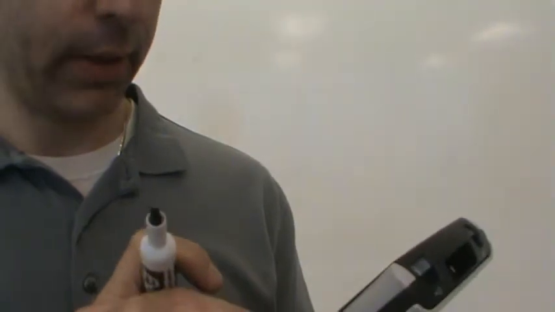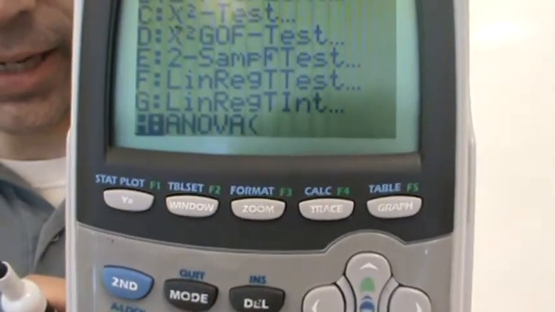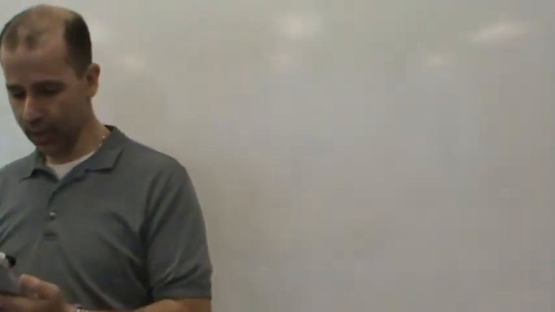If you scroll down in Tests, there's the ANOVA function right at the bottom. Hit Enter, and here's the cool thing: all you have to do is put in all your lists, followed by commas. So I'm going to put in L1, comma, L2, comma, L3, comma, L4, and then hit Enter.